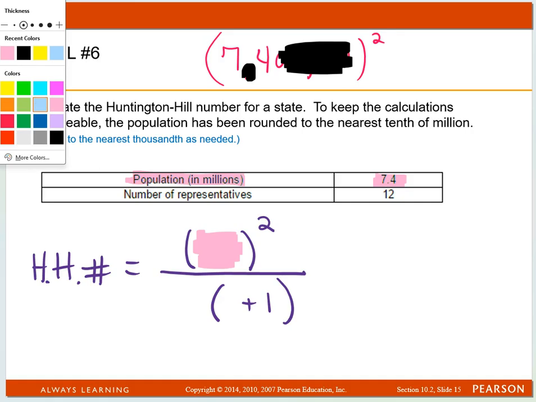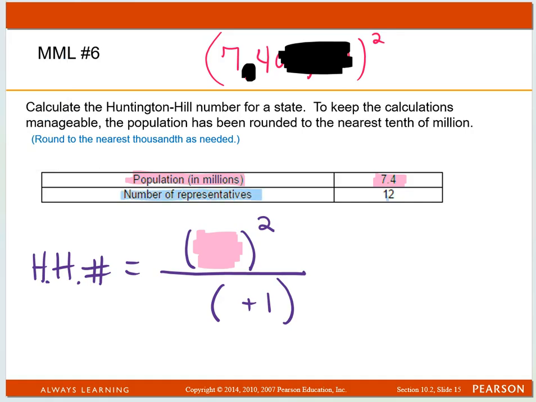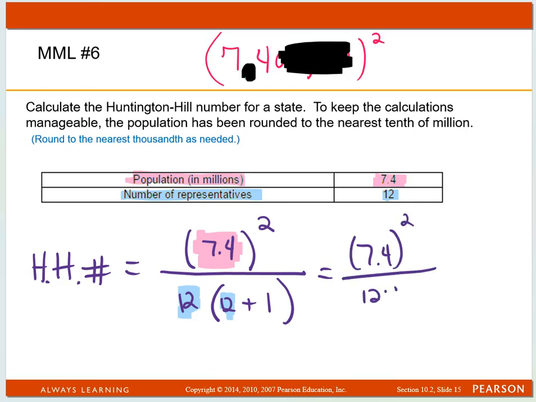And then we were told that the number of representatives was 12. So you'll have a 12 here and a 12 there. So it's 7.4 squared over 12 times 12 plus 1. So that's all of 7.4 squared, and then 12 times 13. And I can just do all that in my calculator.